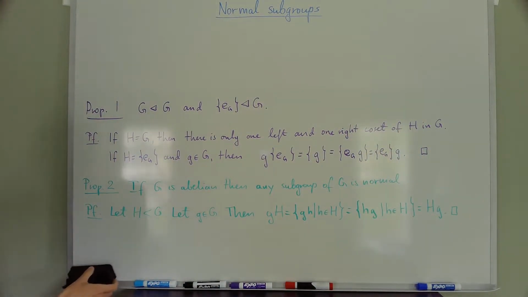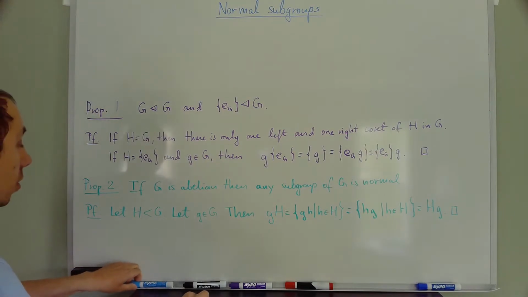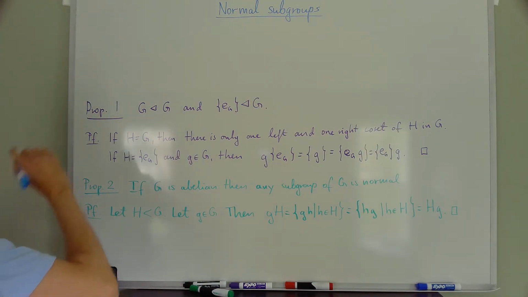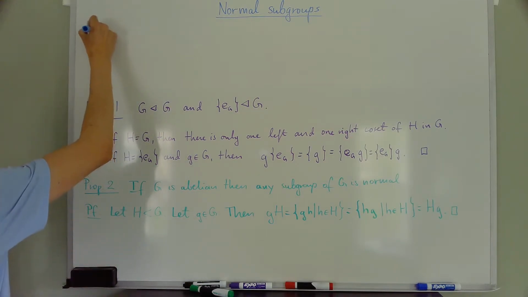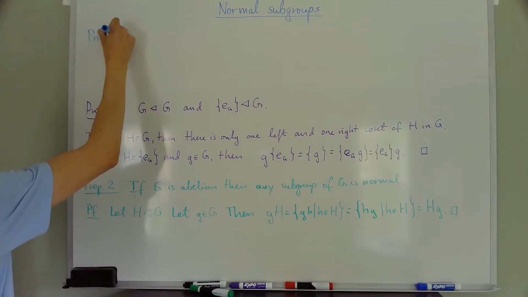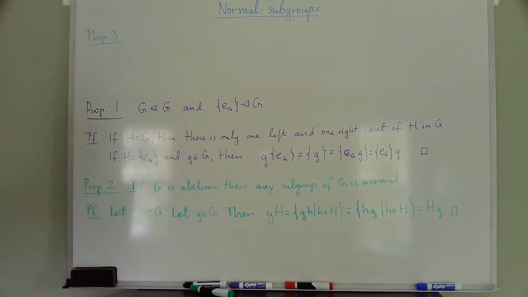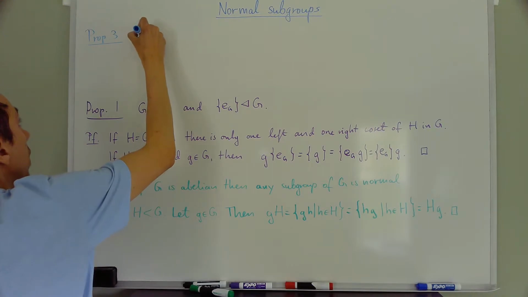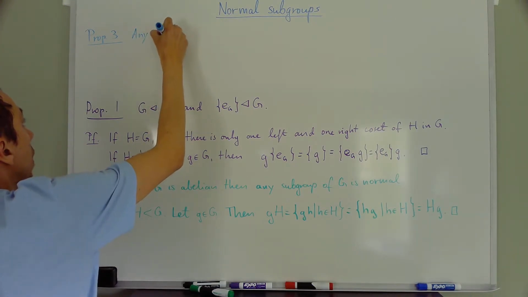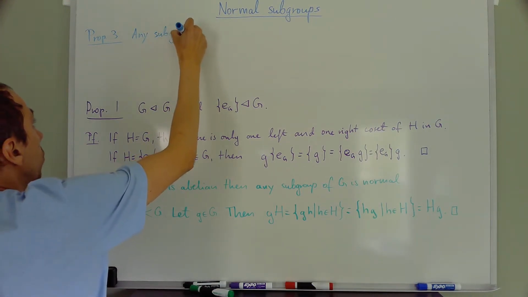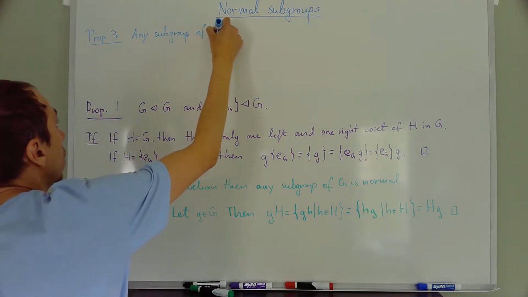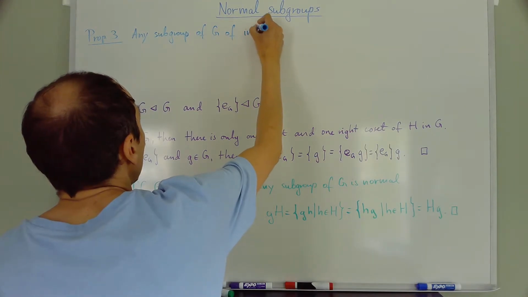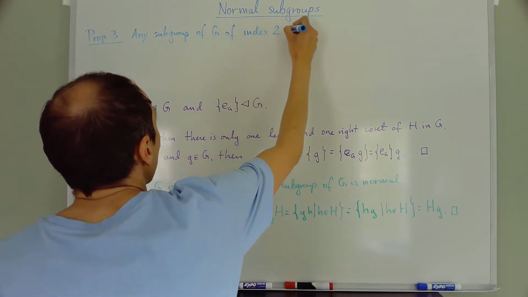So beyond these two propositions, there aren't any obvious examples, but there's still some things one can do. Let's write Proposition 3: any subgroup of G of index 2 is normal.